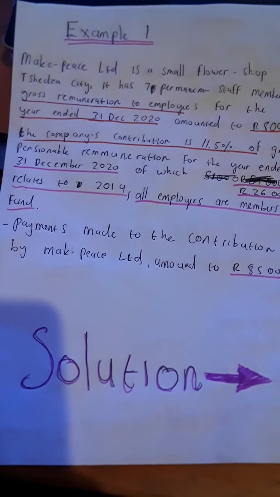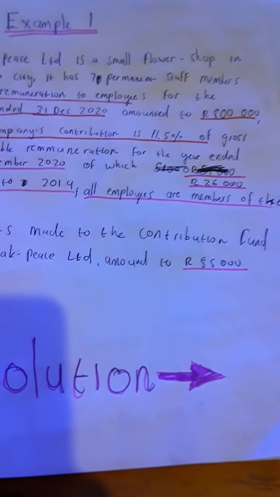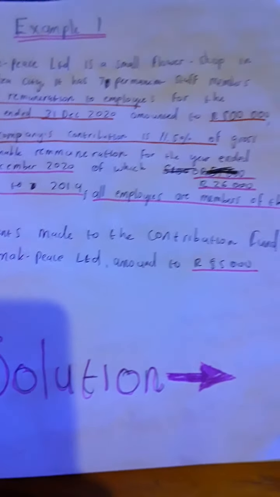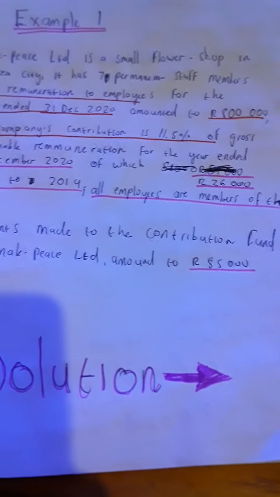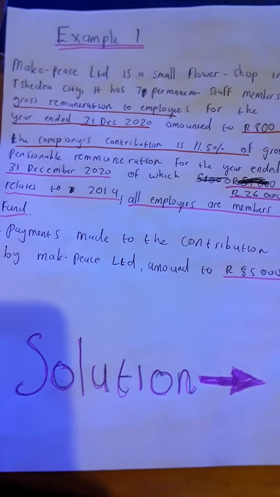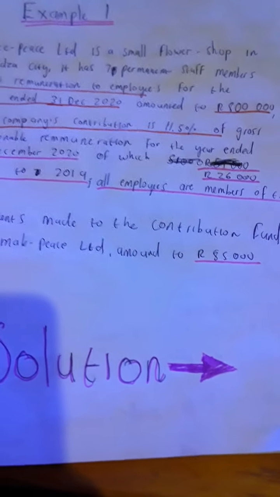That means they all contribute. Payments made to the Provident Fund, these are the contributions by Make Peace Ltd, amounted to 85,000 in the current year.